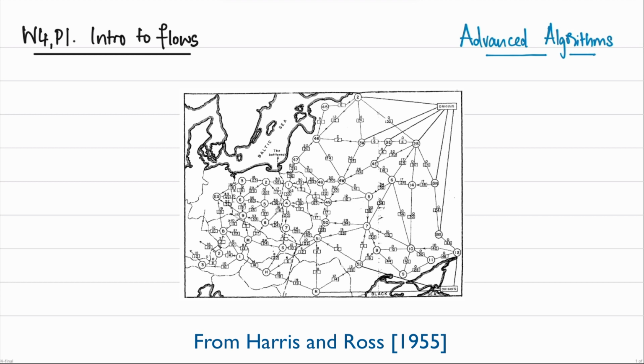And then they used essentially an approach that you would now recognize as a flow-based approach to figure out what's the smallest number of edges that they would have to remove to completely separate or isolate the Eastern European countries from the Soviet Union.